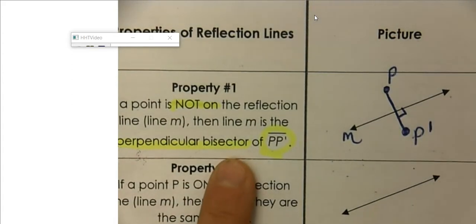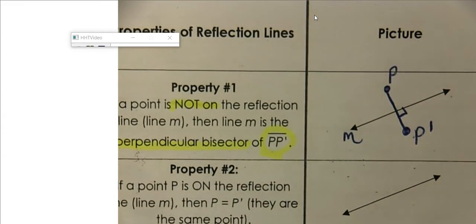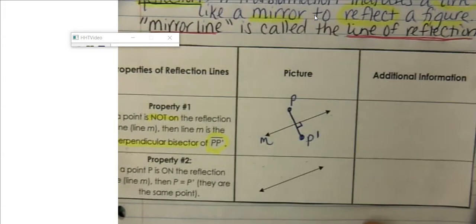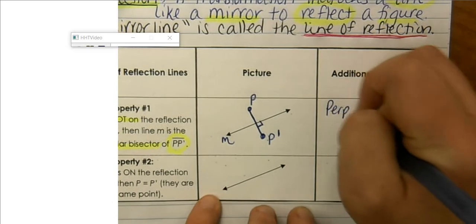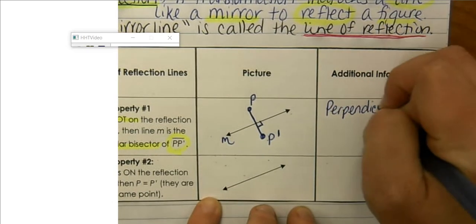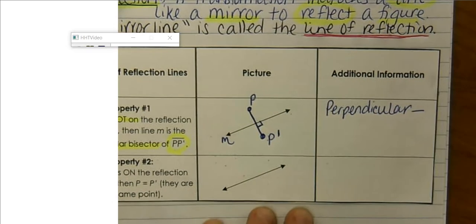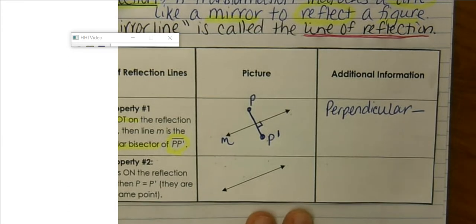So let's talk about what perpendicular and bisector mean. This is where additional information comes in. Perpendicular is a word that means that it intersects at a right angle.